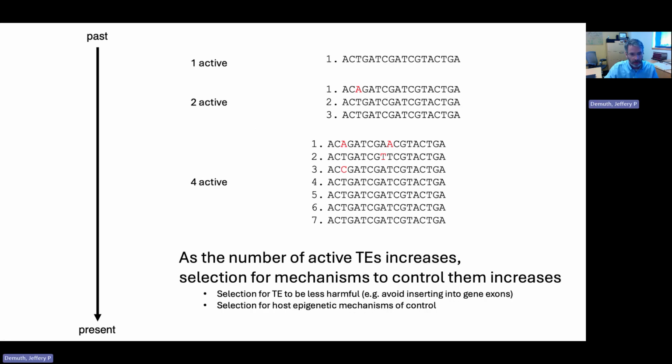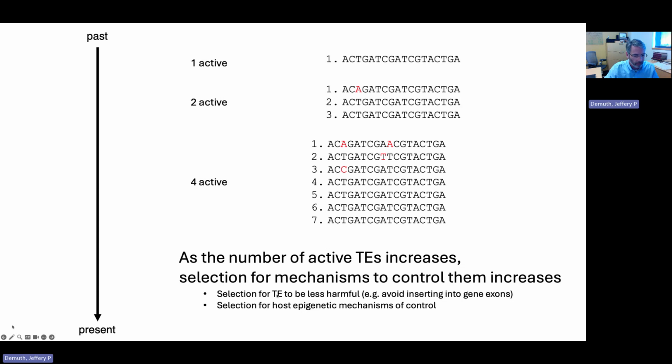If we fast forward some more, as the number of active TEs increase, selection for mechanisms to control these things will also increase. So any mutations that are inactivating them should be favored. And I already mentioned these, at least this first point, right?